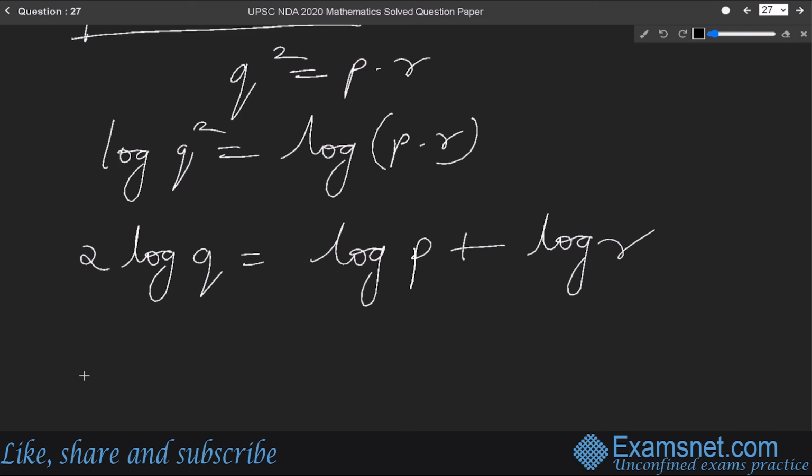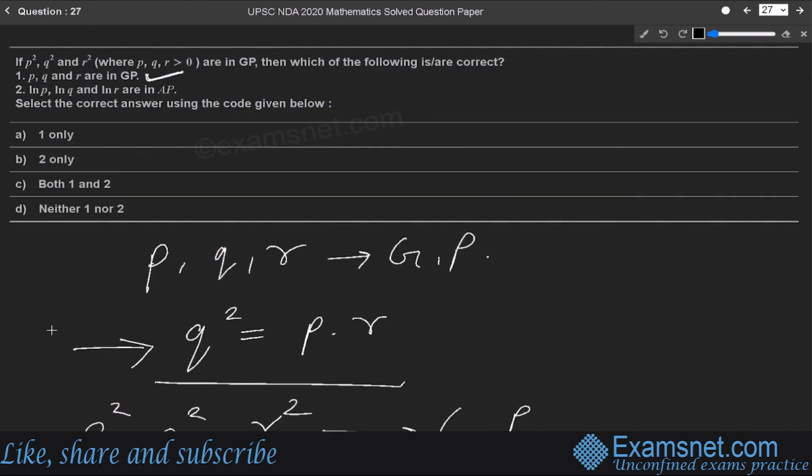Since 2 log Q is equals to log P plus log R, we can say that log P, log Q and log R are in AP. So we can say that both the statements are correct. So the correct option for this question is both 1 and 2.